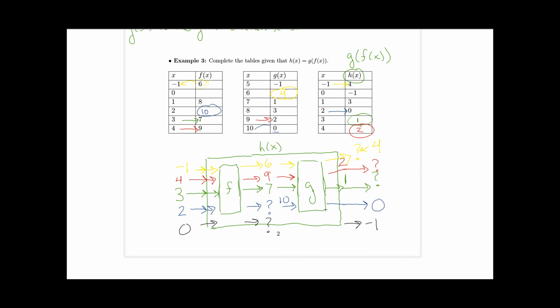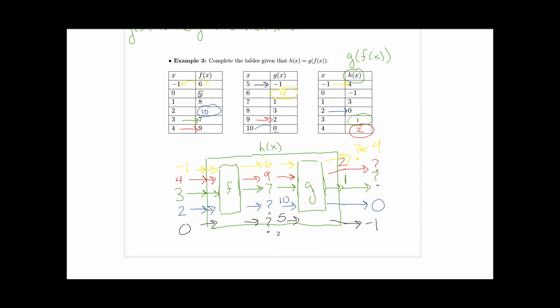Okay, well, we also know that that -1 must have come from G, right? So do we know what input goes with an output of -1 for G? Well, yeah, it must have come from a 5. So that must mean a 5 is on this side and getting sent into G. So that must mean our answer is 5.